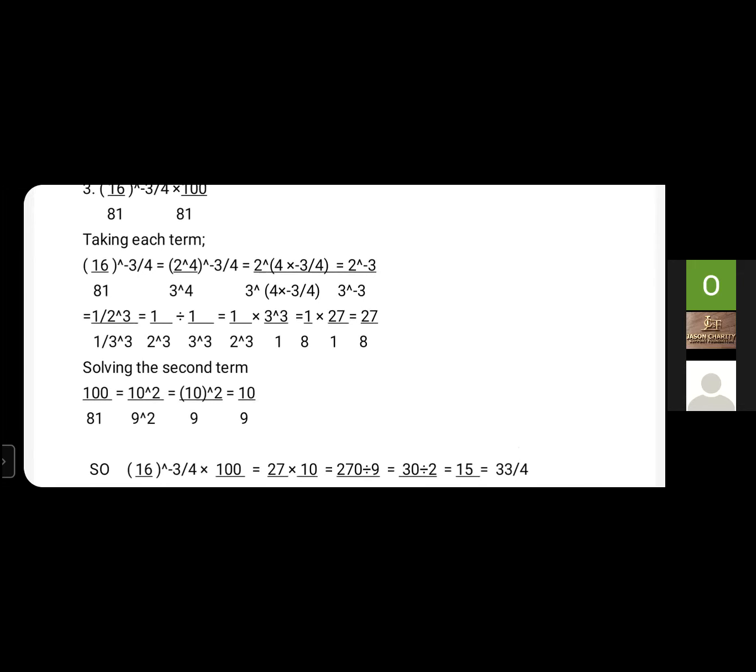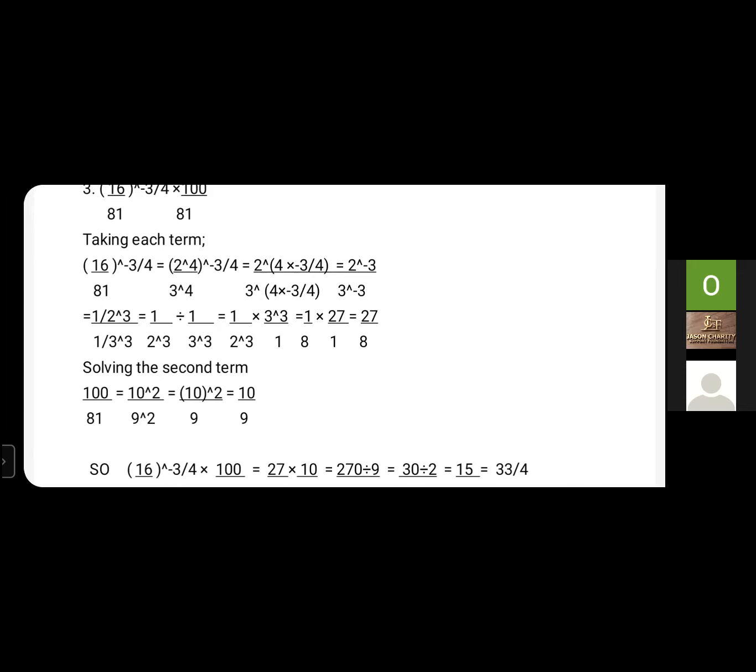Now, applying the law of indices also to this point we've gotten to, we will be using the negative indices. I remember last week when I was explaining the negative indices, I talked about reciprocal. Now, having 2 to the power of minus 3, when you have a negative index, it means 1 over the base raised to the positive power.